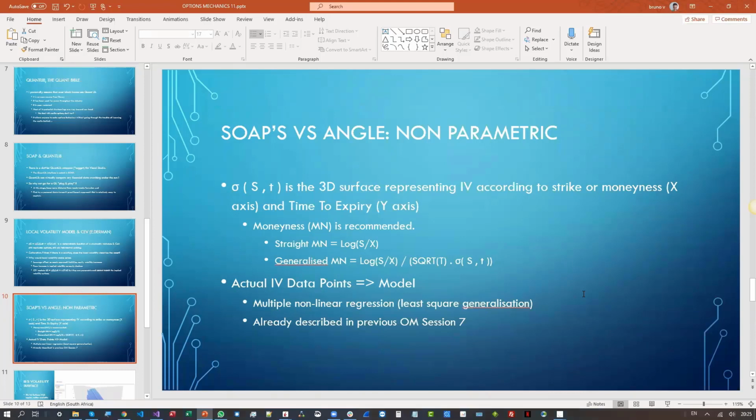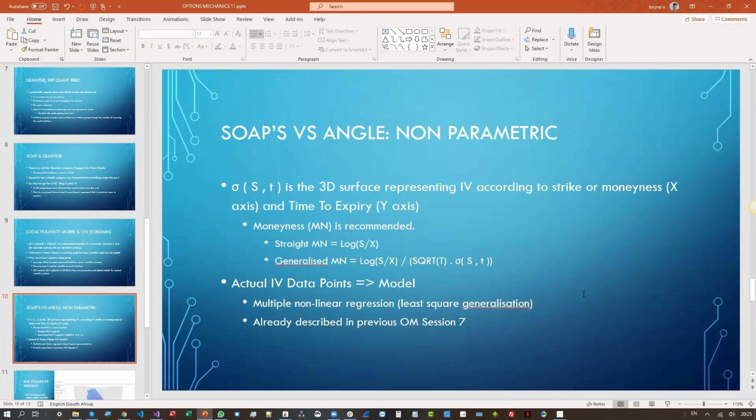Another thing which I've mentioned in previous sessions is that if you want to make your vol surface, your function, more portable, more adaptable to various environments, you should not use the strikes as your x-axis. The reason is that, of course, the price of the money changes, and if you calculate IV 20 points lower, 20 points higher, it is impossible to actually reuse the vol surface.